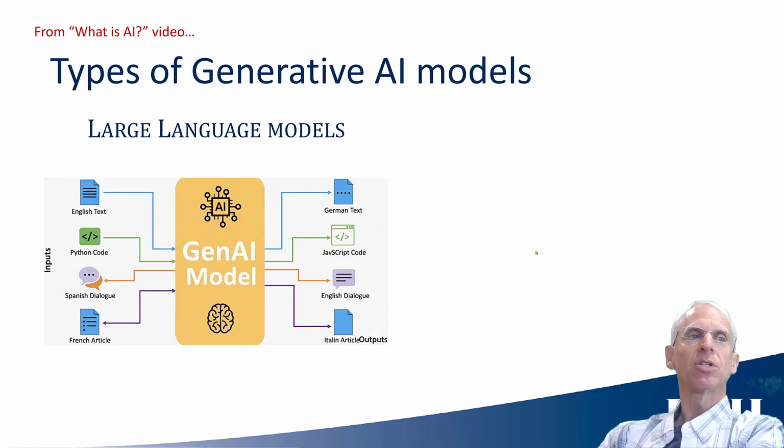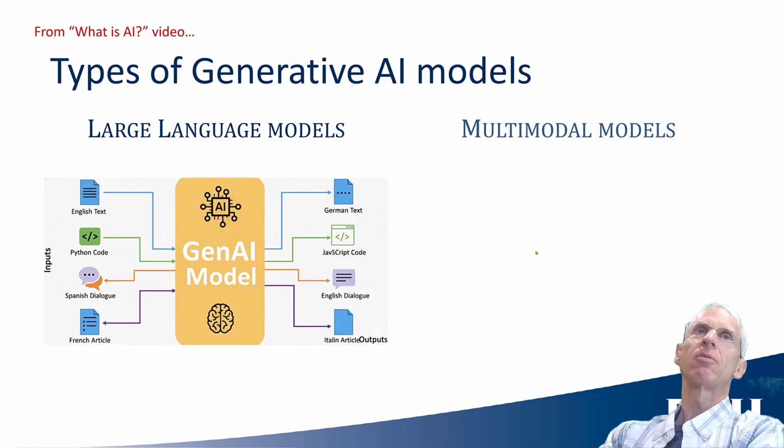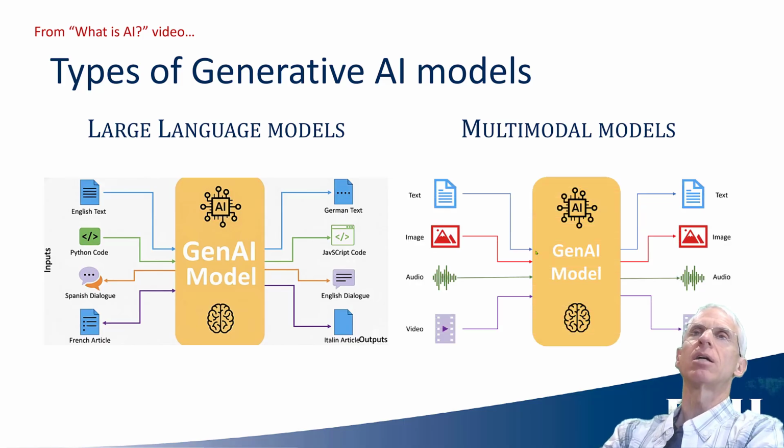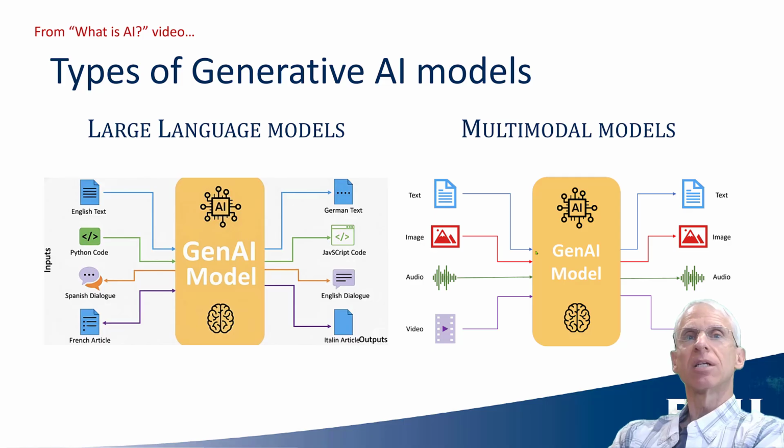It could be computer languages. It could be meeting transcripts, things like that. So they basically act on text. The other type of generative AI models are, I shouldn't say types, multimodal models. Multimodal meaning that it handles a lot of different types of data in and out. It could be, for example, image generation, which would be text to image, or image recognition, image to text, and so forth.